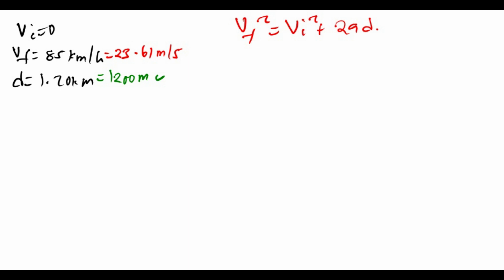One thing we should understand is that the initial speed is 0. So I have the final being equal to 23.61, squared, equals 0 squared plus 2 times acceleration, which I don't know, times the distance, 1,200.